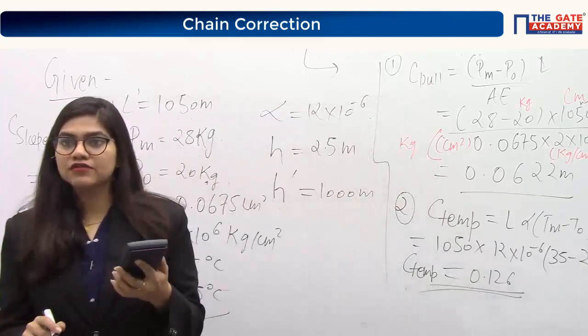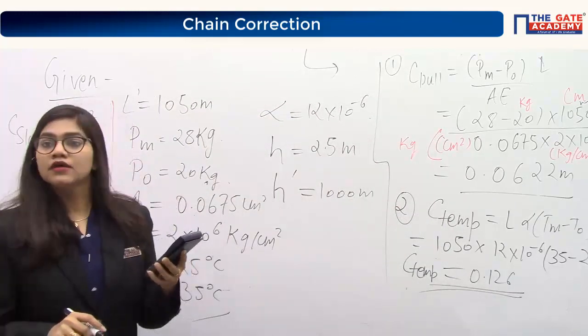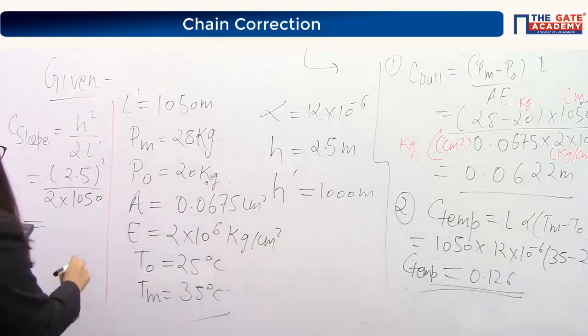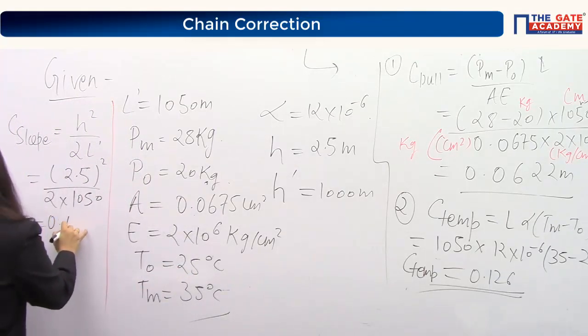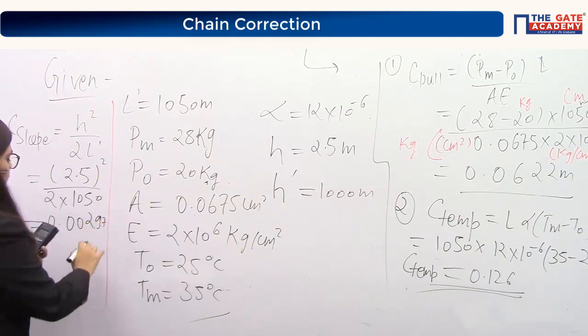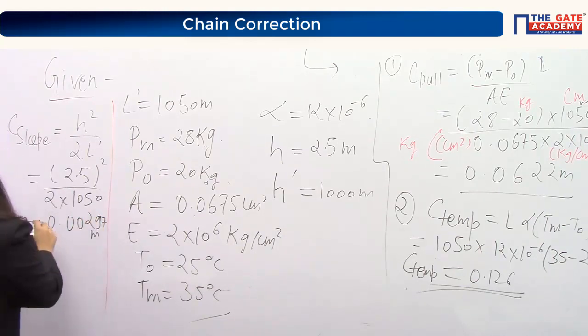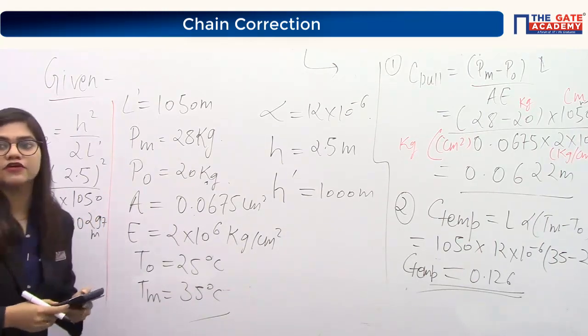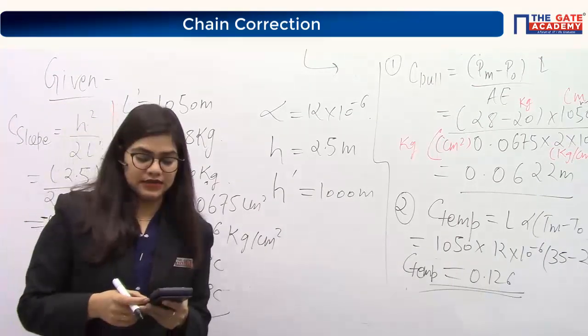That is 0.00297 something. Okay, this is also in meter. This will be negative because C slope is always negative.